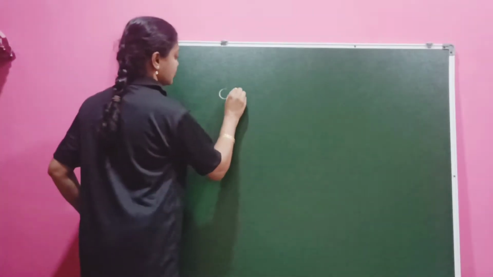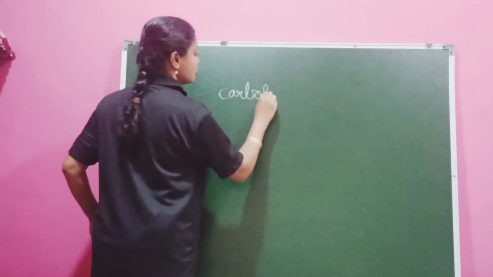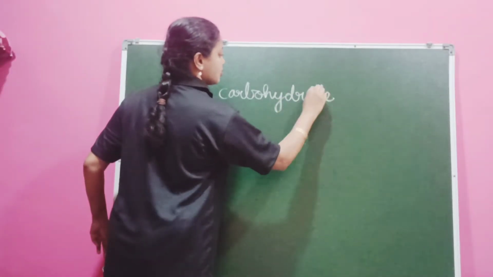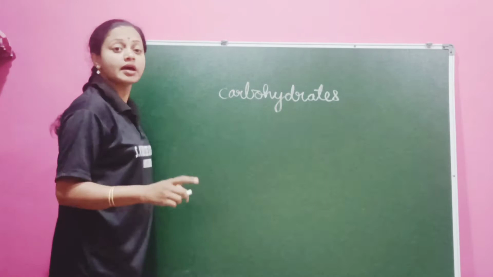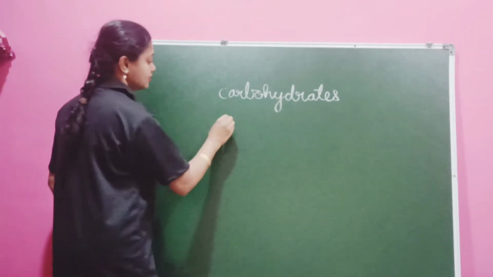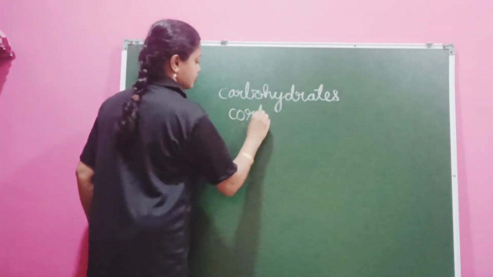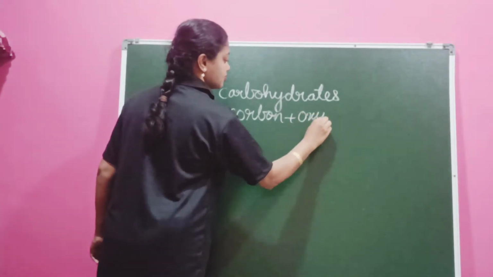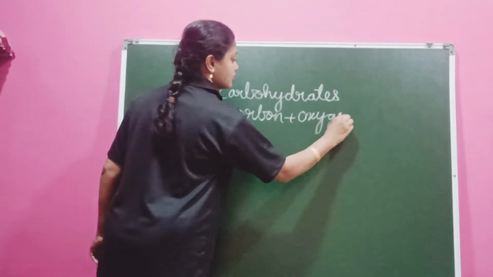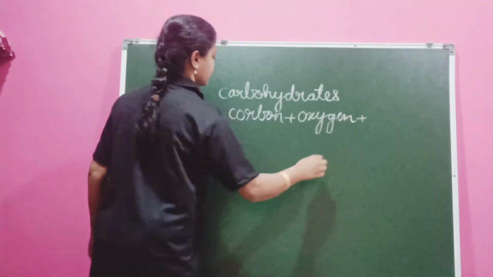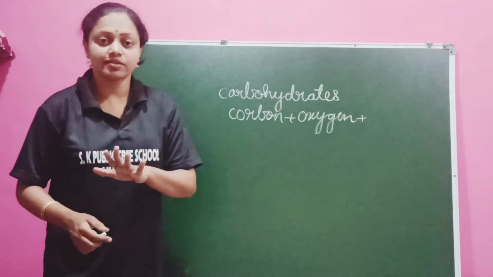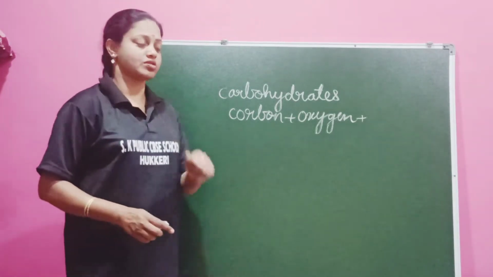Here, carbohydrates are made of carbon, oxygen and hydrogen atoms.